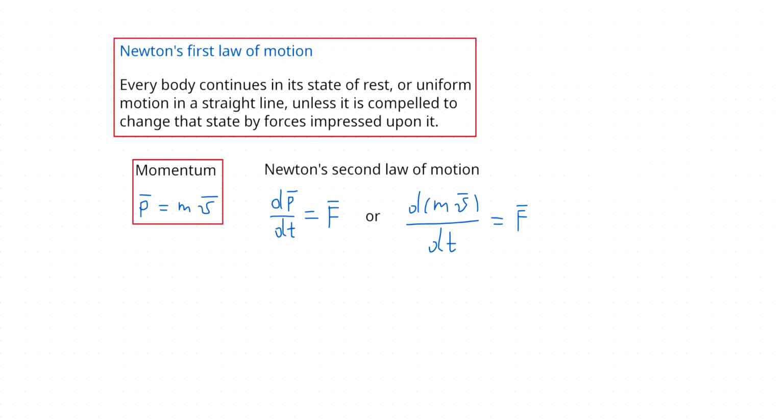And of course, Newton's second law of motion can be defined in verbal form. The change of momentum P of an object is proportional to the force impressed and is made in the direction of the straight line in which the force is impressed.